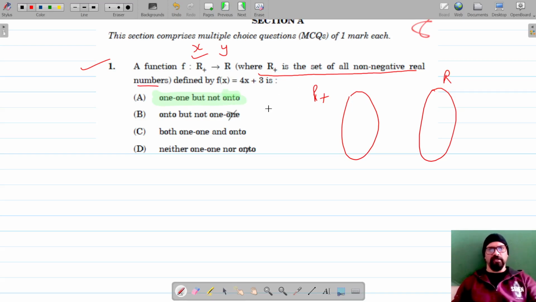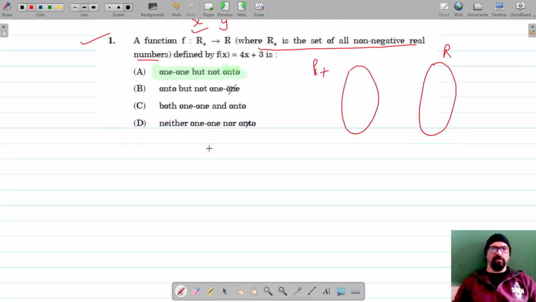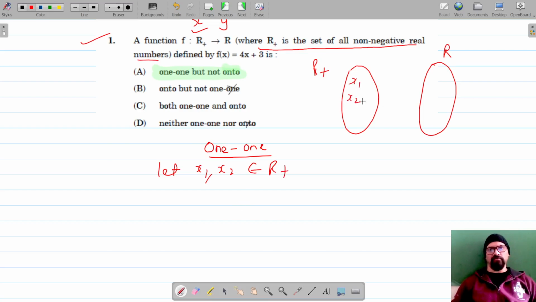So we have to check whether it's 1-1, and we have to check it for 1-1 and onto. So let's check it for 1-1. To check it for 1-1, let's say x1 and x2 belong to R plus, and let f(x1) be the image of x1 and f(x2) be the image of x2.